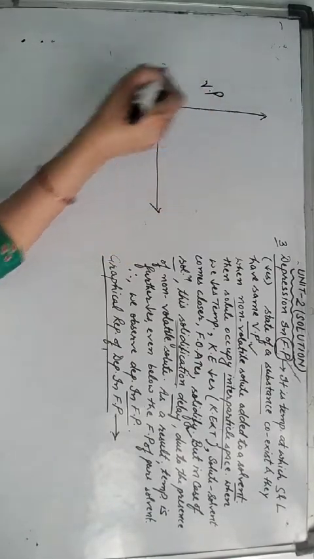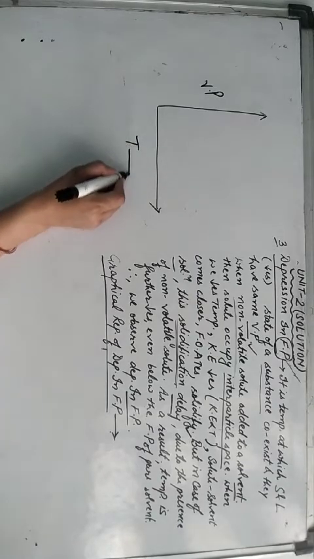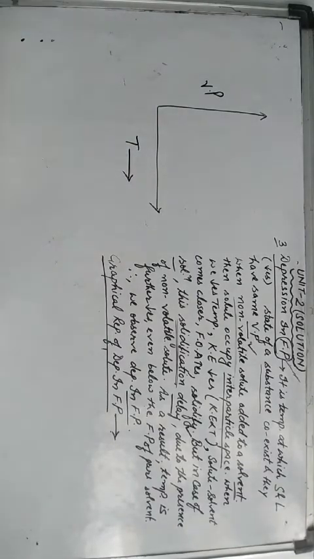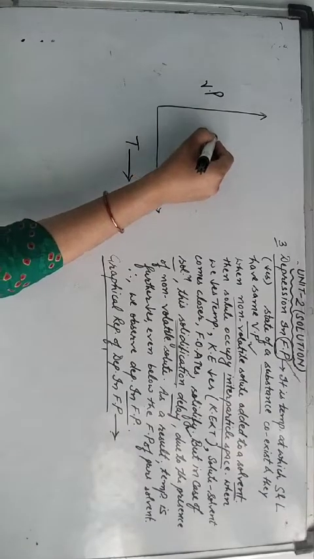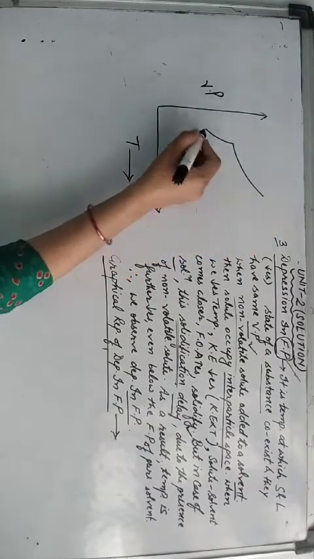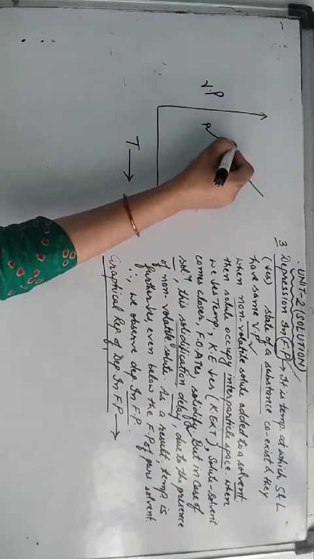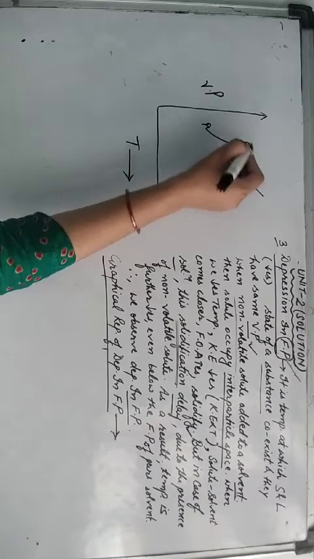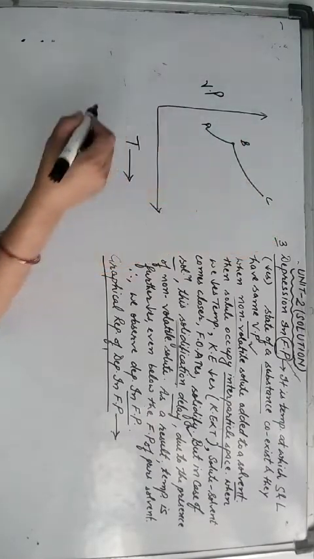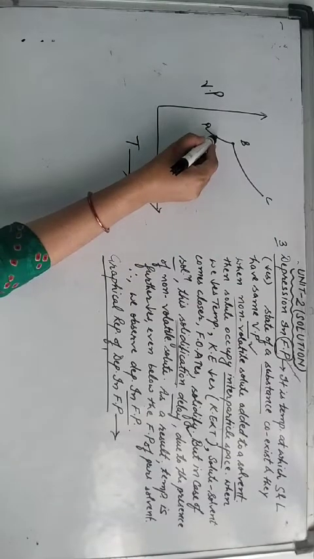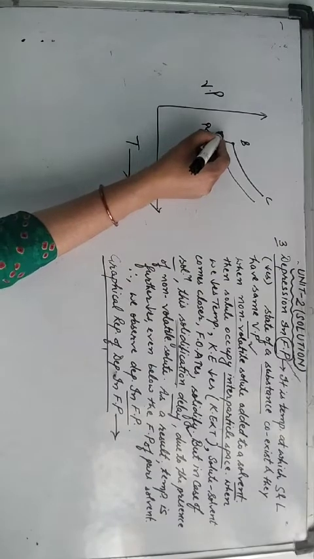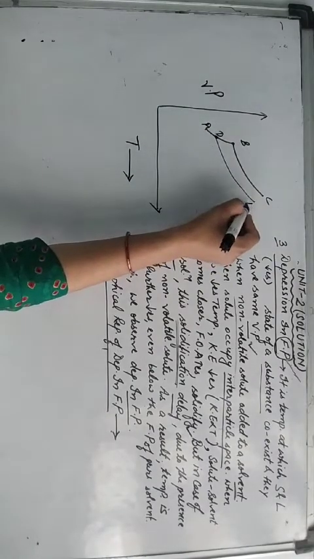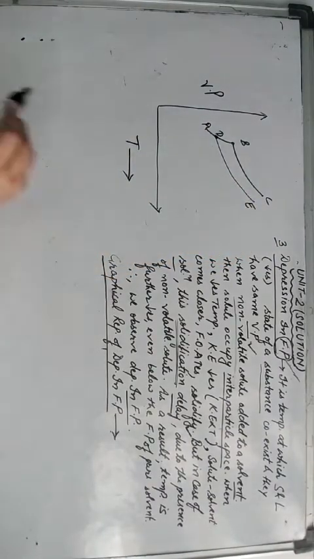In this axis we take vapor pressure and here we take the temperature denoted by T. There are the two graphs. One is like this, point A, this is point B and up to C. Second curve, here A, this point is D and it is E.